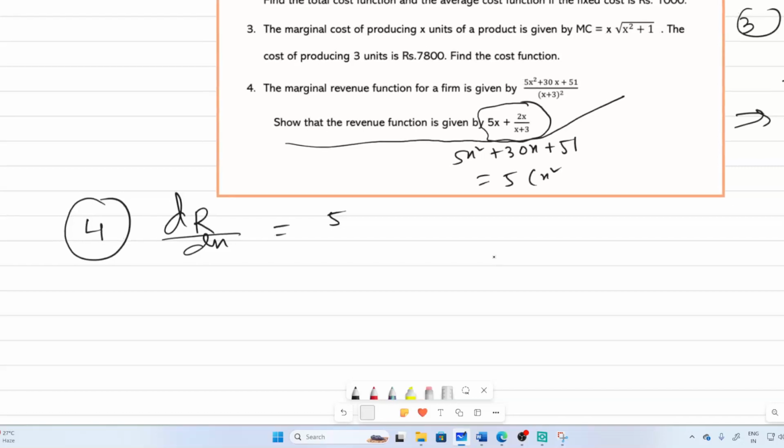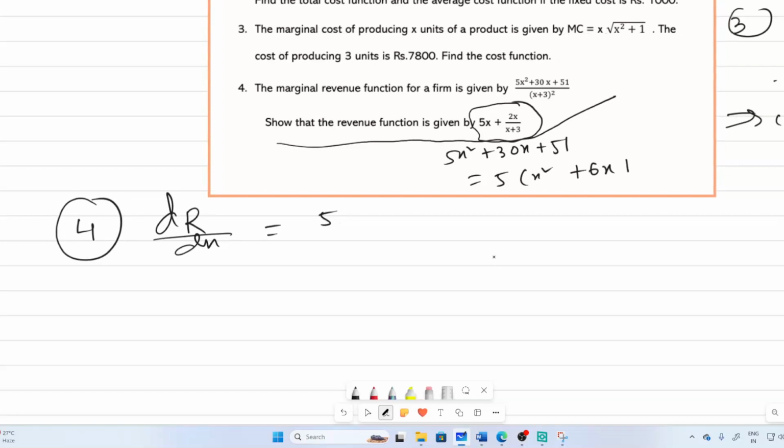You write 5x square plus 6x, and this thing, 5x square 30x is over, then write plus 9, 45, plus 6.